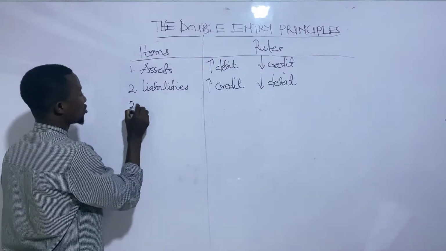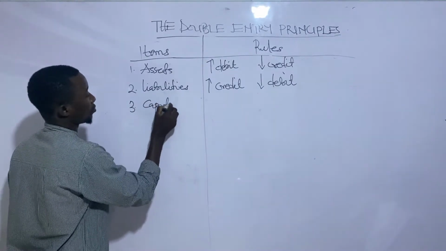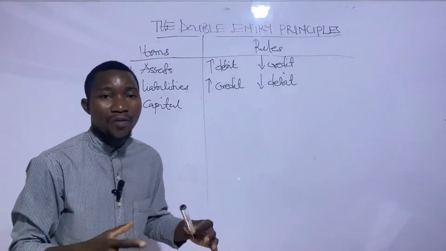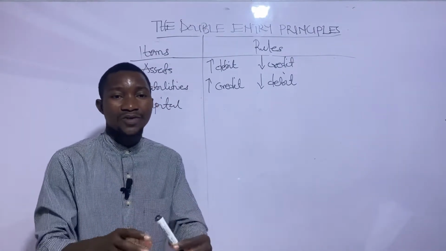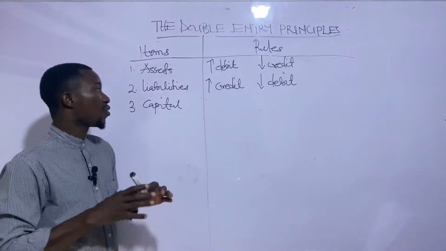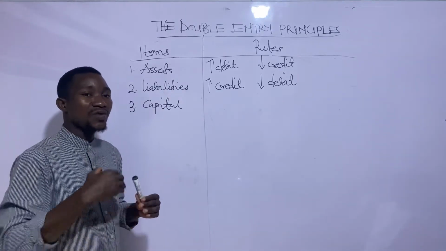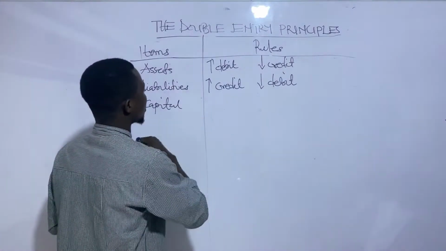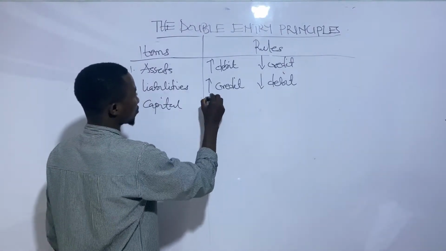The third one, I could talk about capital. Capital has to do with the amount of money or resources that the business owner has introduced into the business. So anytime a business owner introduces a capital or an increase in capital, is what we call credit.